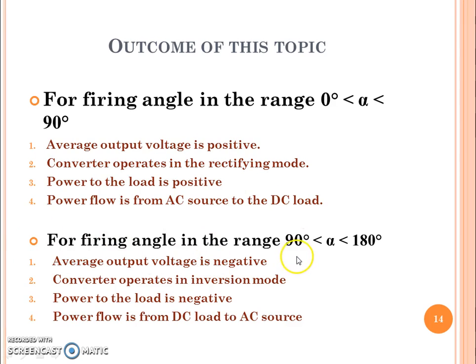Whenever we operate the firing angle from 90 degrees to 180 degrees, the output voltage is always negative. That is, the inversion mode is happening here, so the power to the load is negative; that is, the load supplies power to the source side. So this is the entire outcome of this topic.